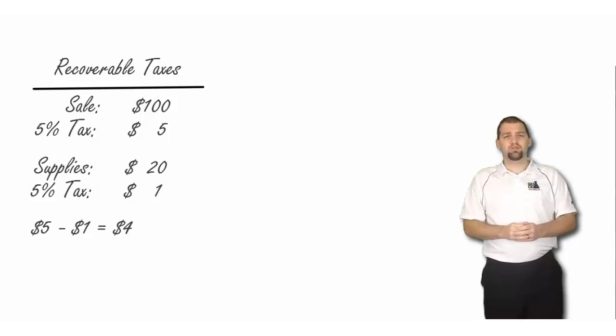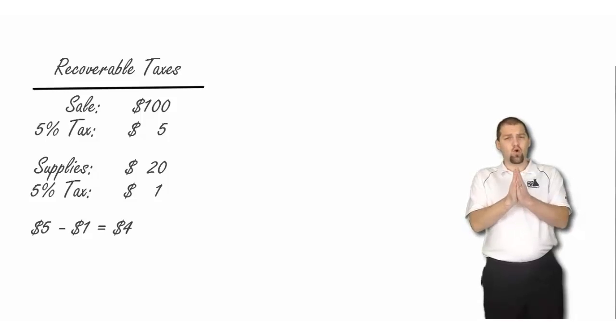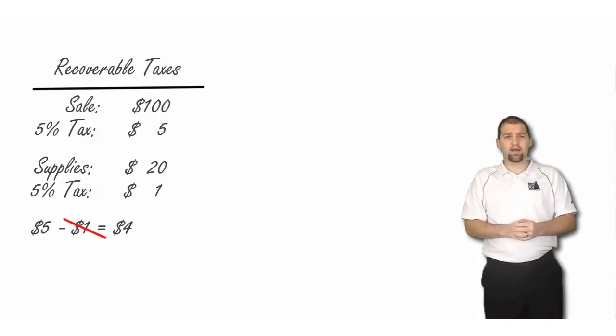Now, if my tax was not recoverable, I would have collected the $5, and even though I've paid $1 in taxes, I'm still required to submit the entire $5 worth of sales tax to that tax agency.